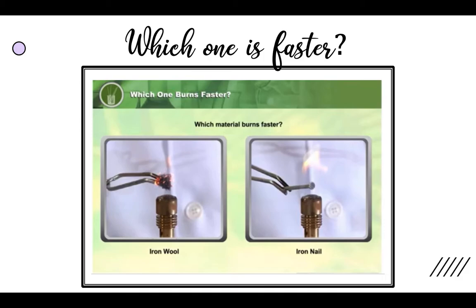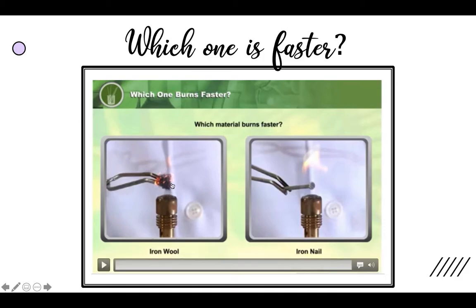Alright, as you can see in the video shown, iron wool burns faster than the iron nail. Dia terbakar dulu daripada iron nail. Of course, kita nak relate with the total surface area. Kalau tengok, total surface area of this iron wool ni, sebab dia bergulung macam tu kan, jadi dia punya total surface area exposed to heat ini lagi besar. Atas pun boleh absorb heat, bawah pun, tengah-tengah pun boleh absorb heat.